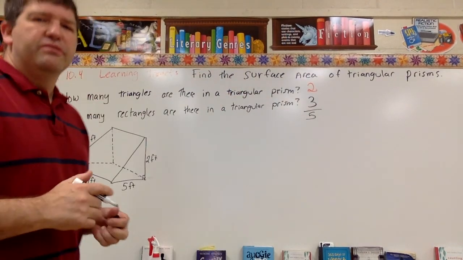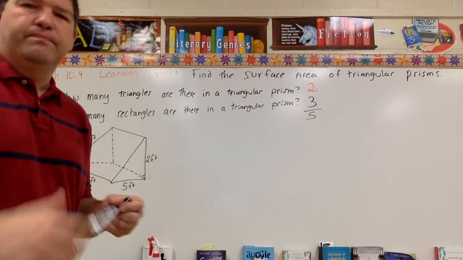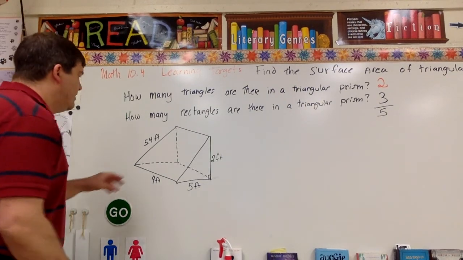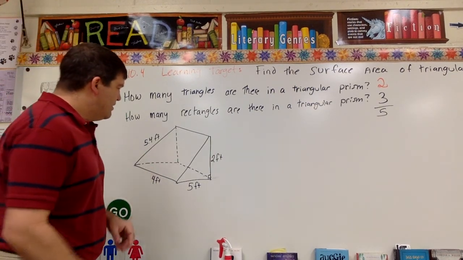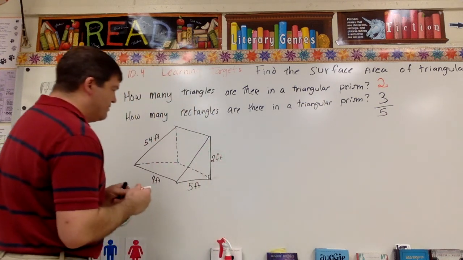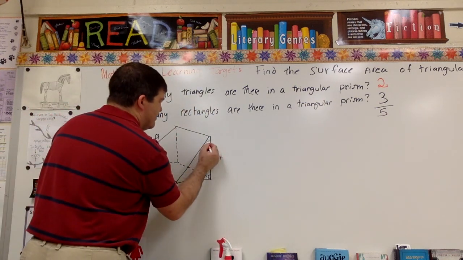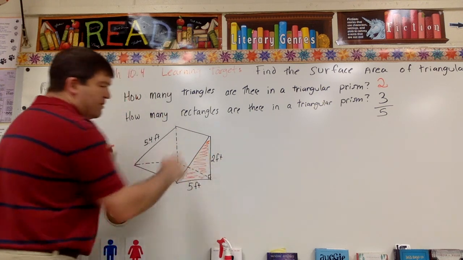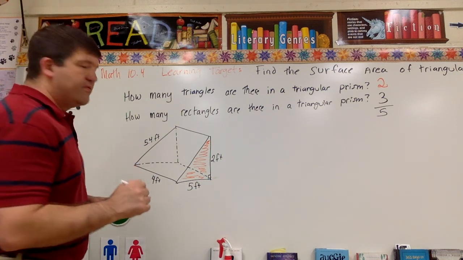So let's do that with one here. I drew it on the board, and so I'm going to try and do this. This will be kind of tricky. So this is one triangle. There's one triangle, but I know that I have 2 triangles.